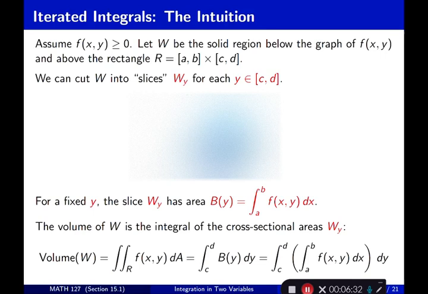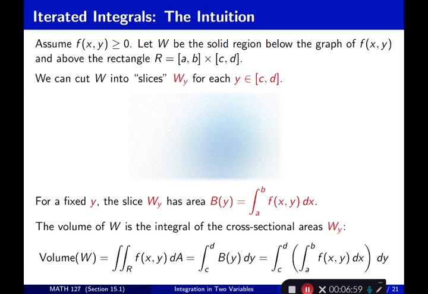The volume of W is equal to the double integral on region R of f of x and y over dA, the infinitesimal area element. And this is basically the integral from c to d of B(y) dy, the slabs.